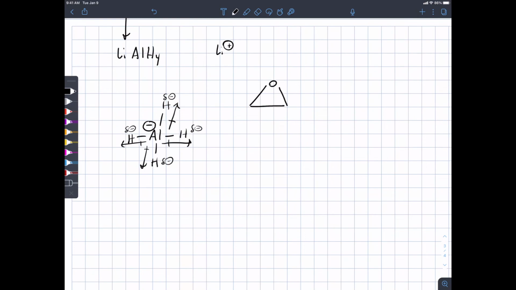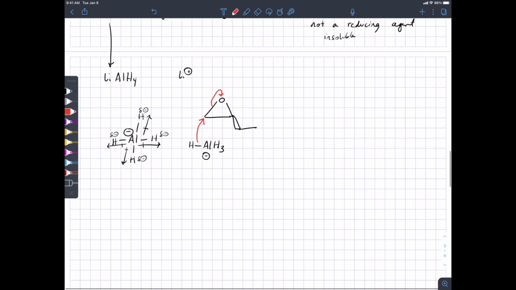So if we had an epoxide, and let's say it was this epoxide, aluminum hydride would act as a strong nucleophile, and it's going to deliver hydride directly to the less substituted carbon of the epoxide. Hydride isn't leaving and floating around. This is a direct handoff of H minus from aluminum to carbon.